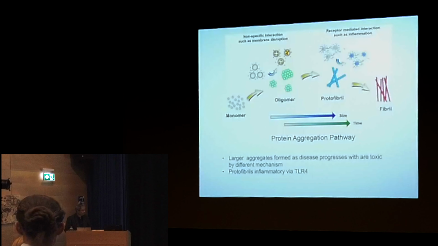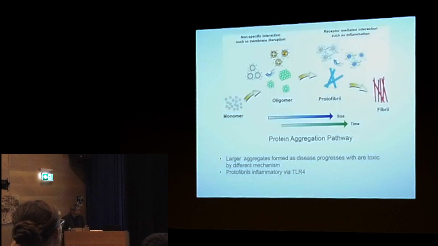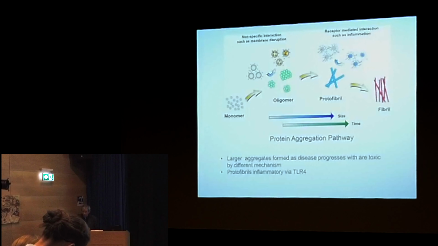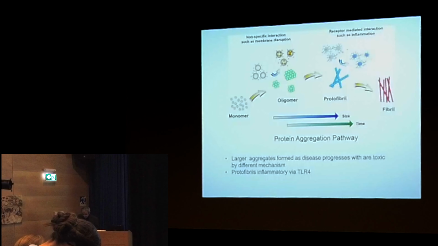They can cause inflammation by toll-like receptor 4. So as the disease progresses, you get a higher proportion of longer, larger aggregates, and the disease mechanism changes to become much more inflammatory via toll-like receptor 4. And we have a project trying to find a blocker of toll-like receptor 4 as a potential therapy for Alzheimer's disease.